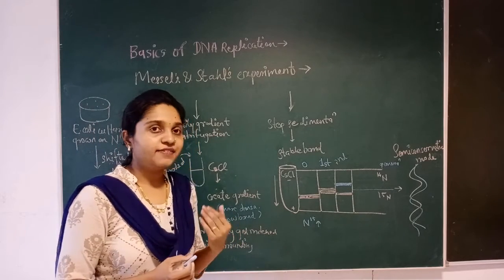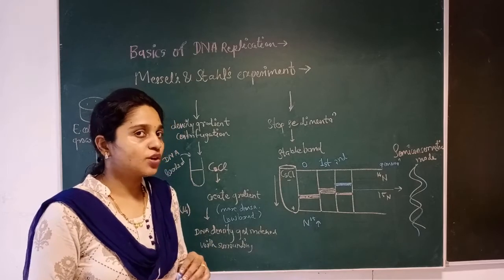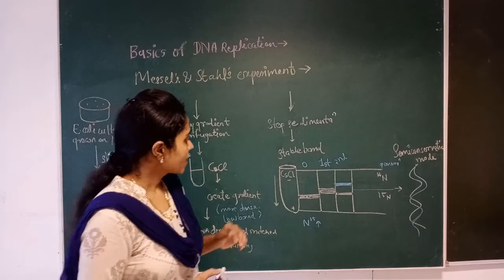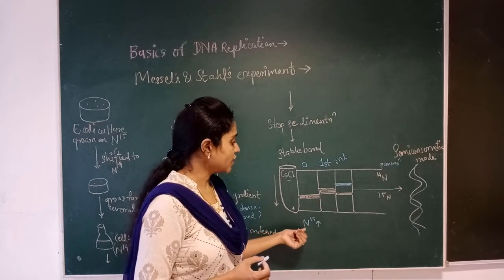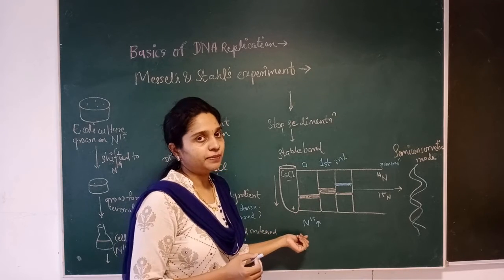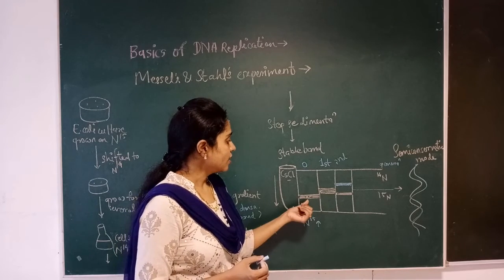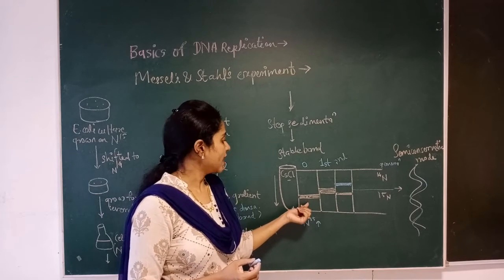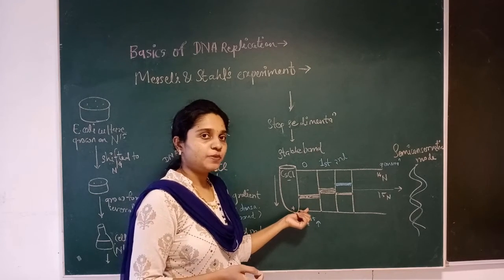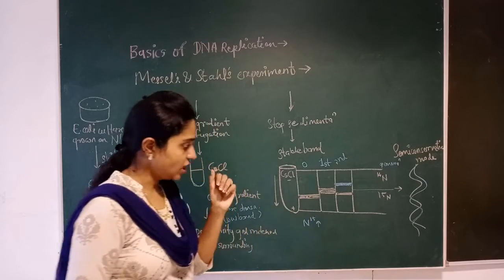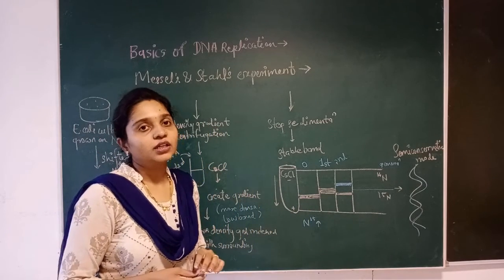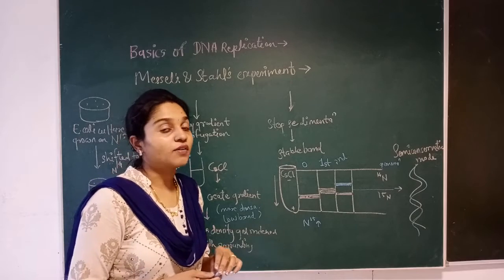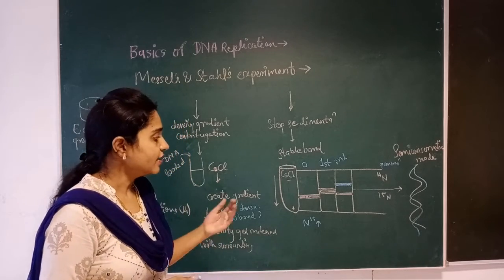Then the results of that experiment: when the cells were grown only on N15 medium, it shows the band which is at the lower side, which means that the density of the cells grown in N15 was more.